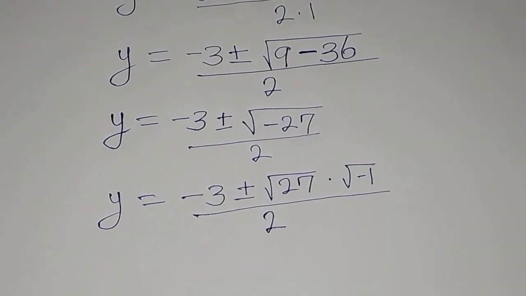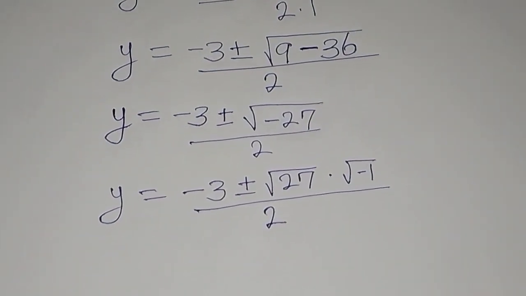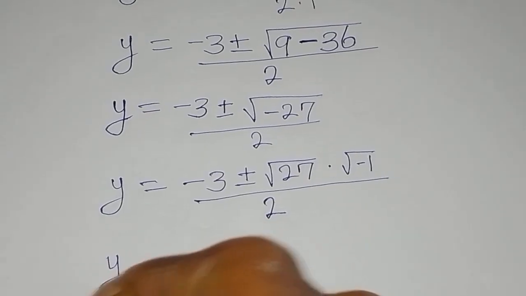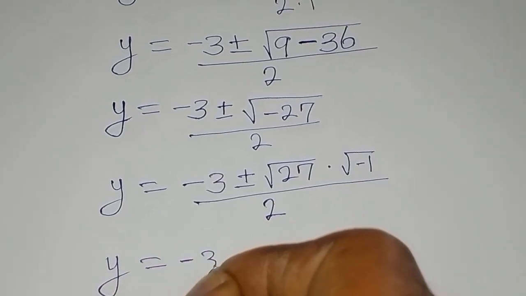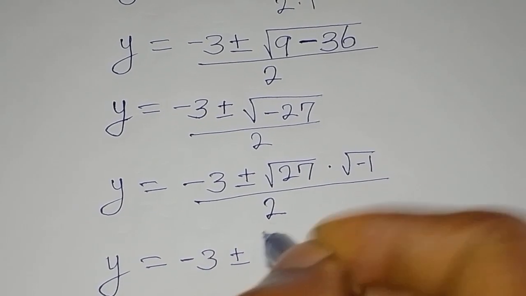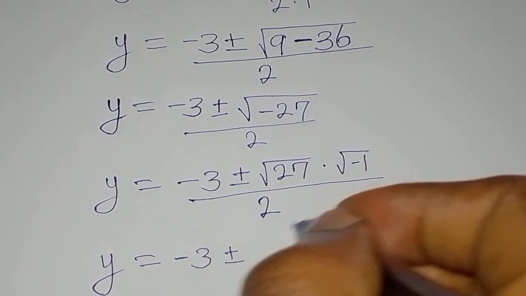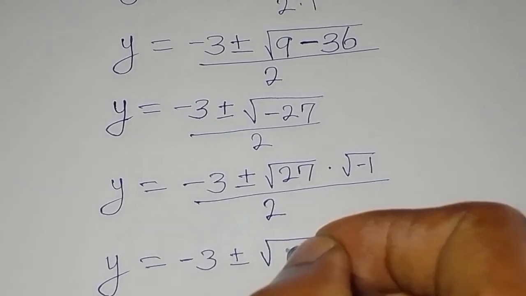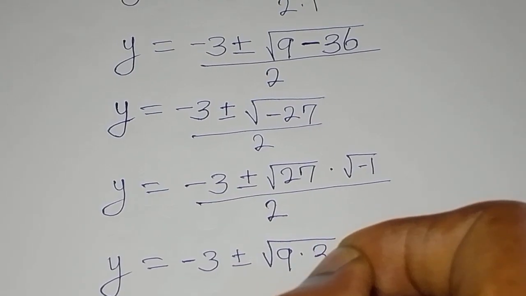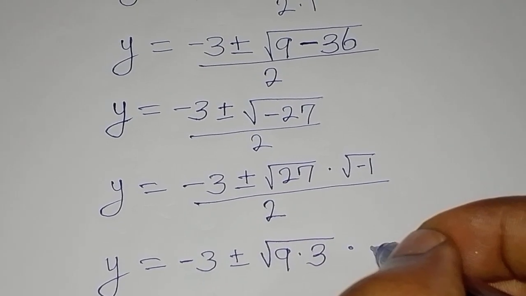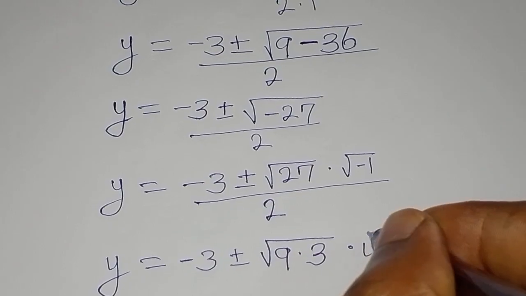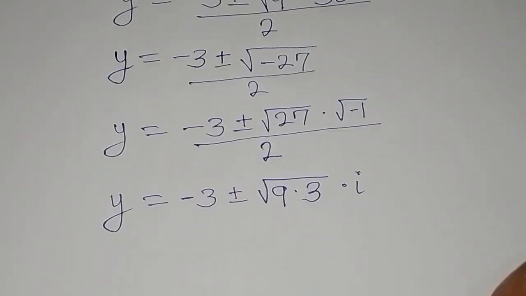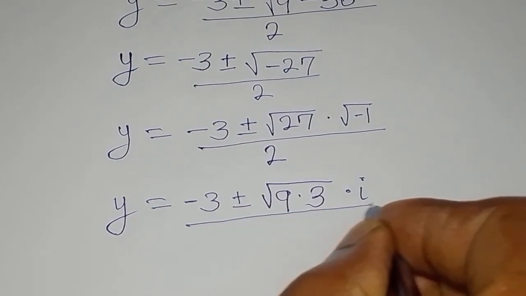And from there, we have y to be minus 3 plus or minus the square root of 27, which can be written as 9 times 3, then multiplied by the square root of negative 1, which is imaginary. We put i there. This is all over 2.